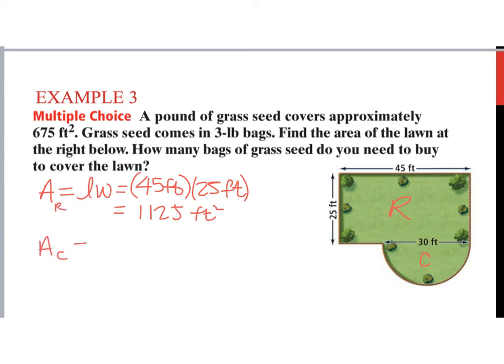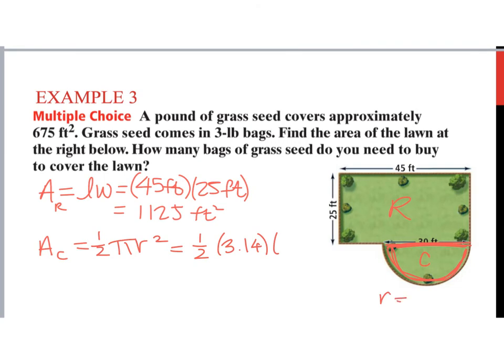Then the area of our circle, pi r squared. Now if you notice though, here we only have half a circle. So I'm going to bring a 1/2 out up front so that I only account for half the circle and not the full thing. So now I can go ahead and plug everything in. I have 1/2 times 3.14 times our r value.